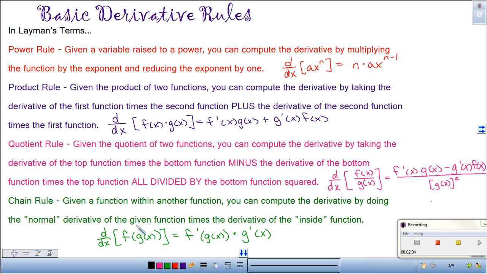So I'm going to compute the normal derivative like normal, but then I've got to remember that g of x is a function inside of f of x, and so I've got to multiply by the derivative of g of x to get the full derivative in here. I'll show you an example of how this works in a second. It'll make a lot more sense. Okay, let's look at an example of the quotient rule first, and then we'll look at the chain rule.